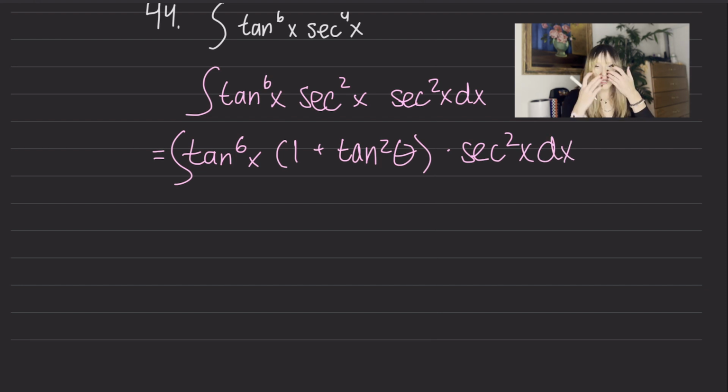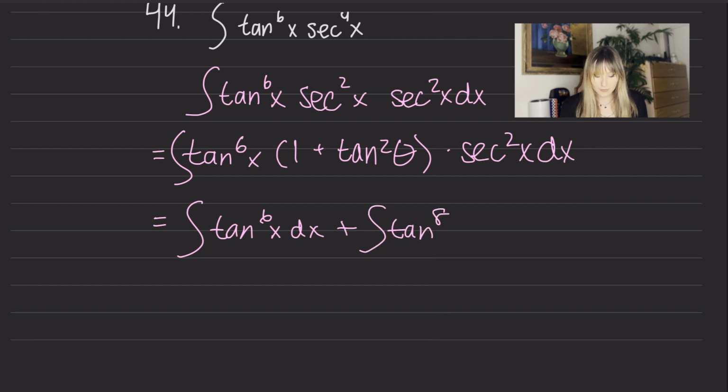Okay, so this one I'm not going to use the u substitution because quite frankly, I don't want to. So we get tangent to the 6th x dx plus, and using that chain rule situation going on, there's going to be a secant squared x.